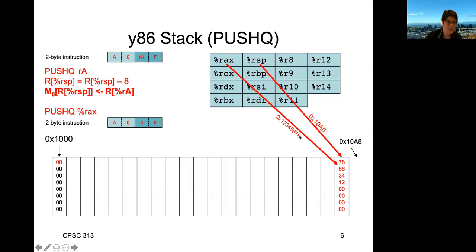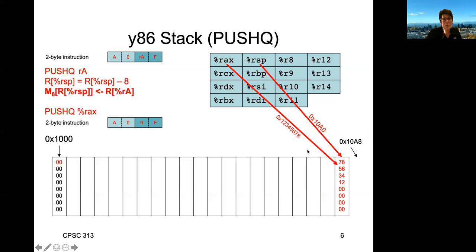That means the least significant byte is 78, so that appears first, then the 56, then the 34, etc. So the quad value at address 0x10A0 occupies the bytes whose addresses are from 10A0 to 10A7. So that's what a push instruction does.